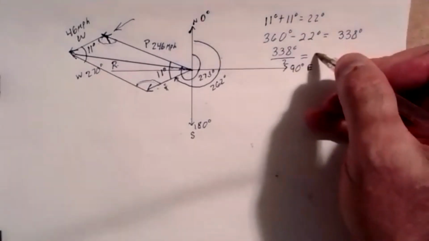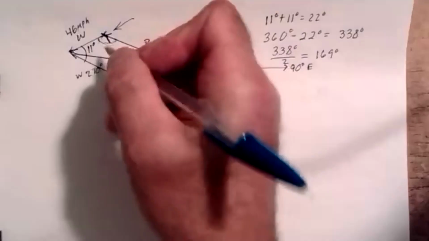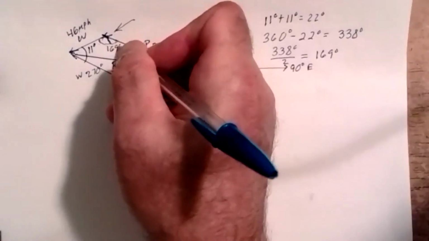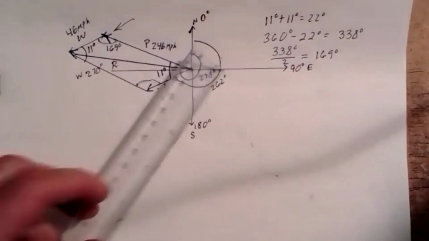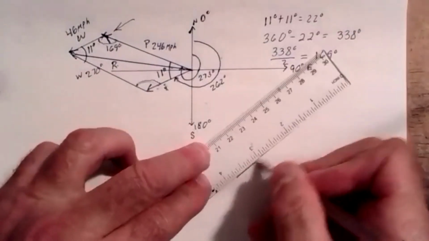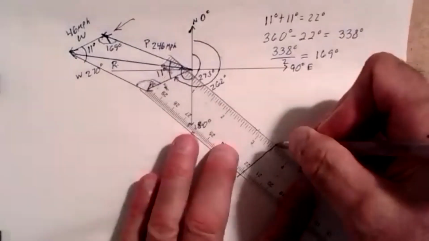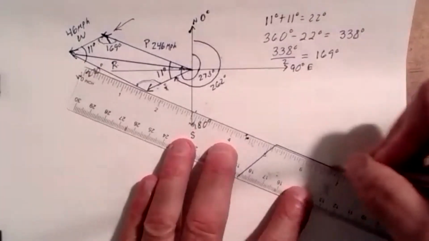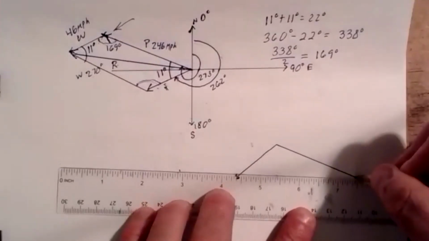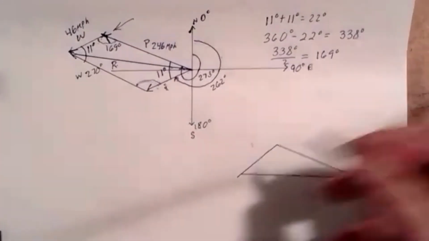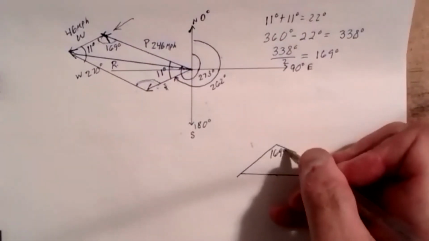So after doing that, we deduce that this angle must be 169 degrees here. Pulling that triangle out of our picture now, we now have this triangle, 169 degrees.